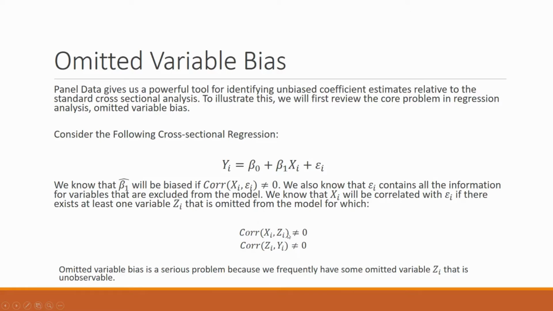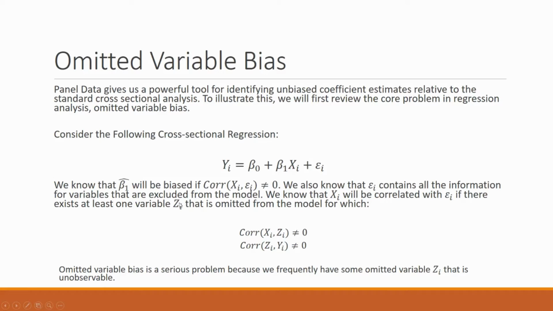The basic idea is this. The beta 1 hat estimate will be biased if x is correlated with the error term. X will be correlated with the error term if there is a variable that is omitted from the model.